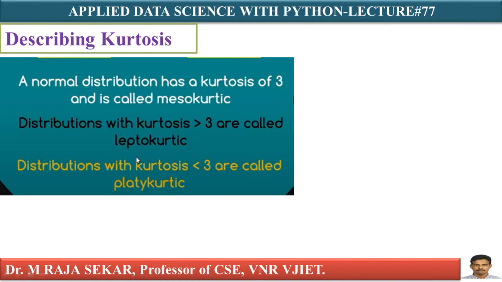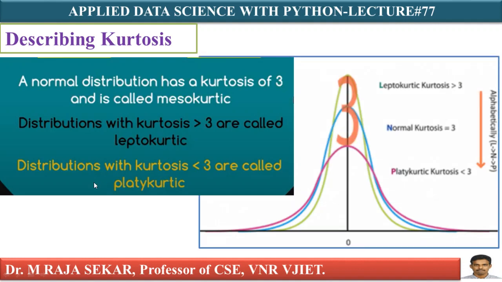The kurtosis of a normal Gaussian distribution is equal to 3. This point is very, very important. You must understand this. Anyway, how to calculate it I will discuss in the next lecture. This one is the golden point. A normal distribution has a kurtosis of 3 and is called mesokurtic. That we discussed in the previous slide, isn't it?